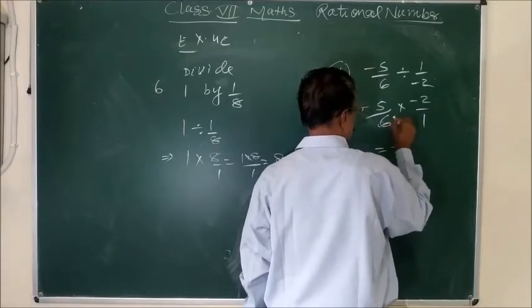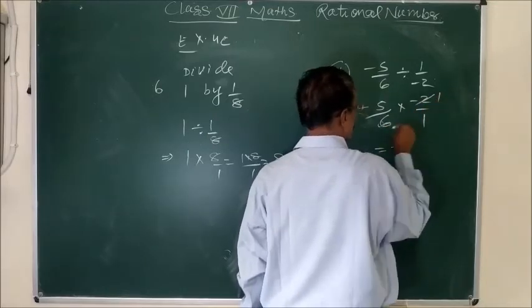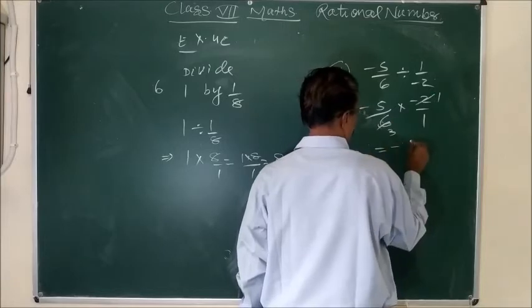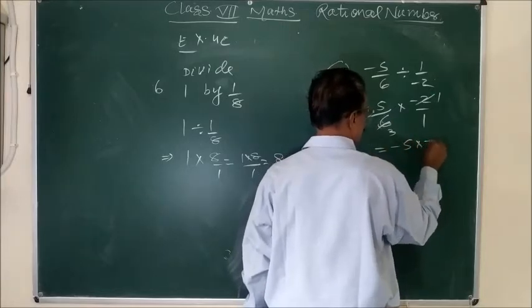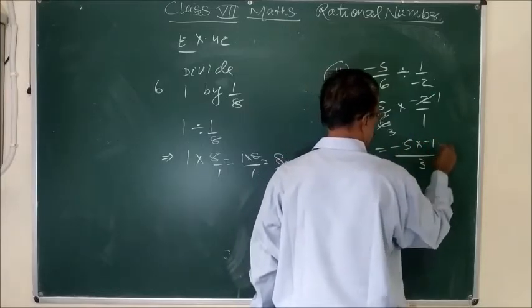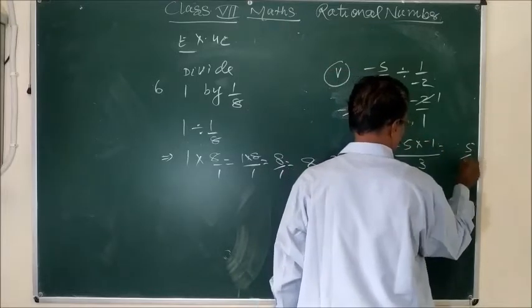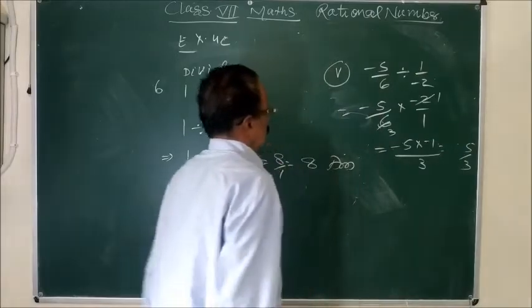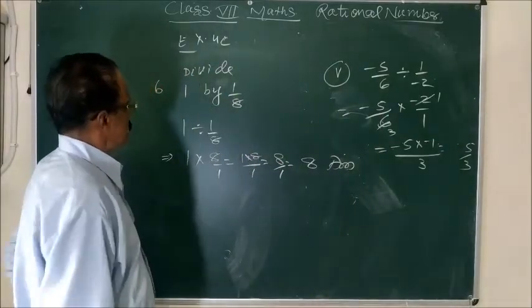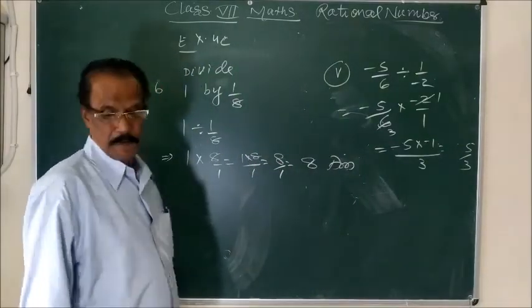This will be cancelled, 2 by 6 becomes 1 by 3. Minus 5 into minus 1 upon 3, 5 into 1 is 5, minus into minus is plus, so 5 by 3. So this is the division and I have explained it.